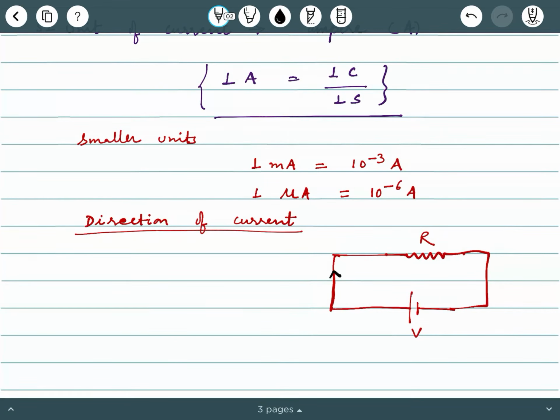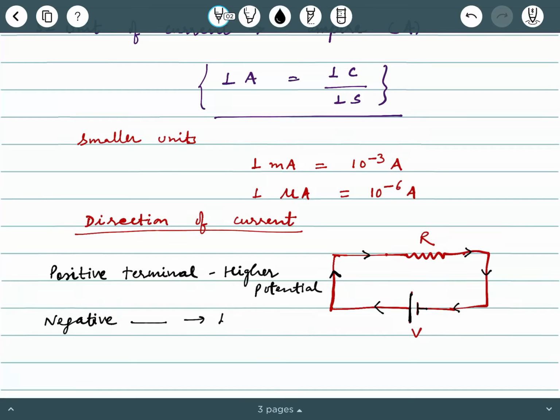If you do not remember, current flows like this. Positive terminal is known as the terminal at higher potential. Positive terminal means higher potential, and negative terminal means lower potential.